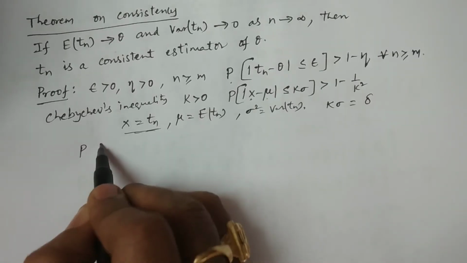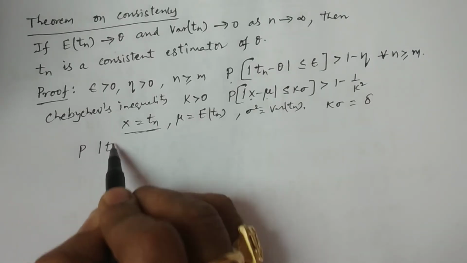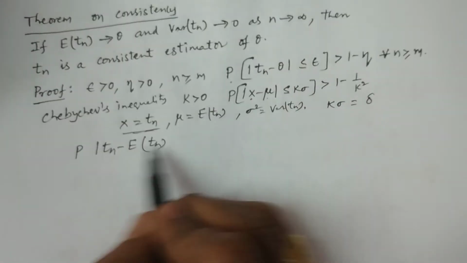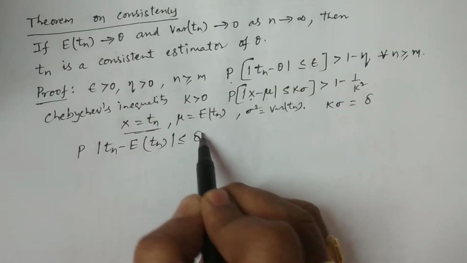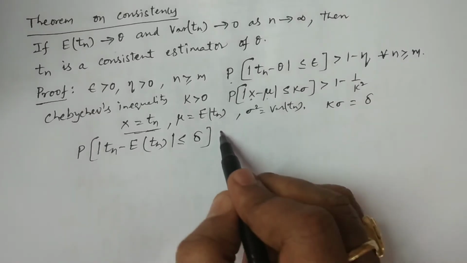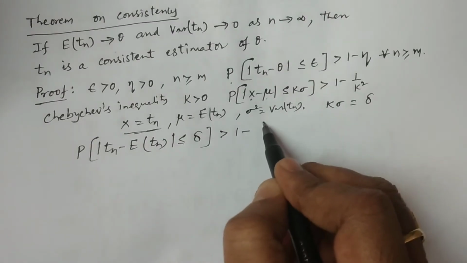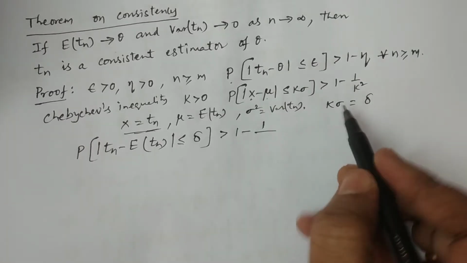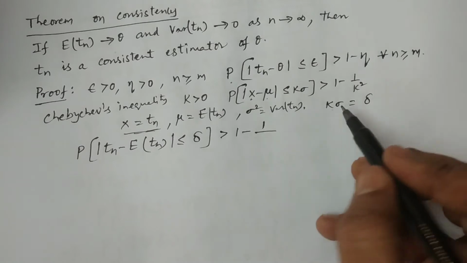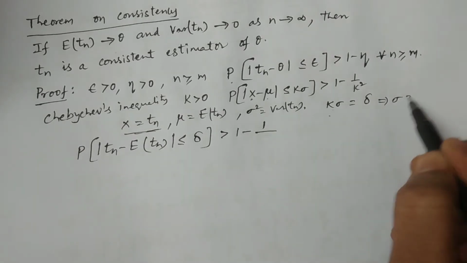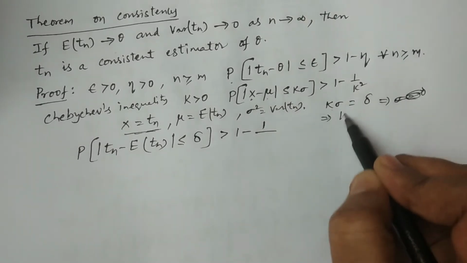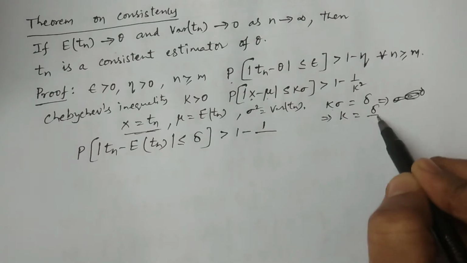Then probability of modulus of Tn minus expectation of Tn, that is mu, less than or equal to k sigma, that is delta, is greater than 1 minus 1 by k square. If k sigma is equal to delta, then k is equal to delta by sigma.